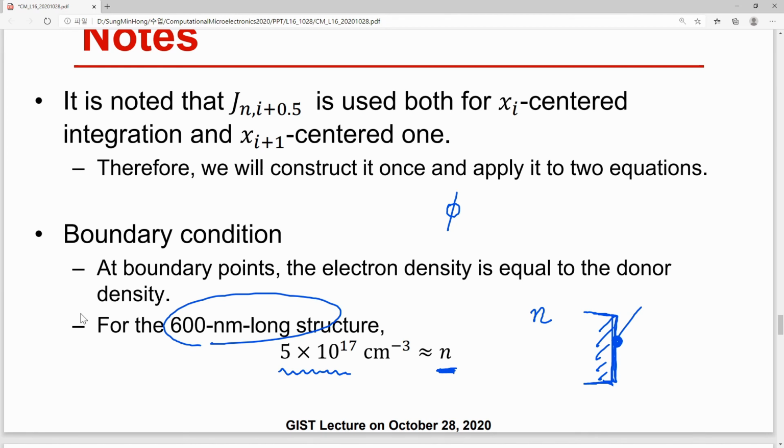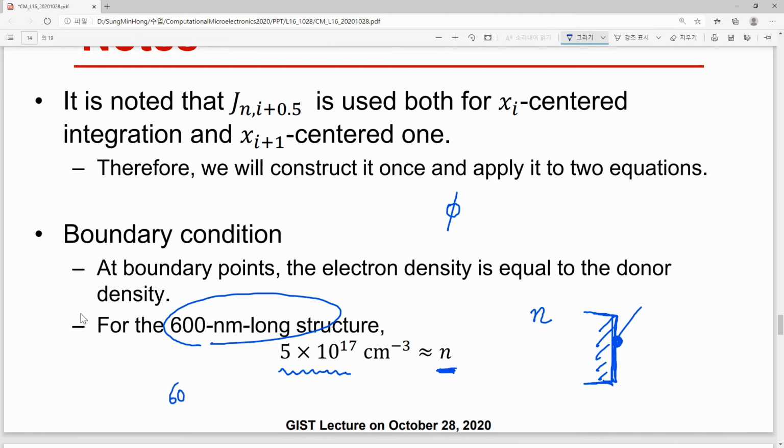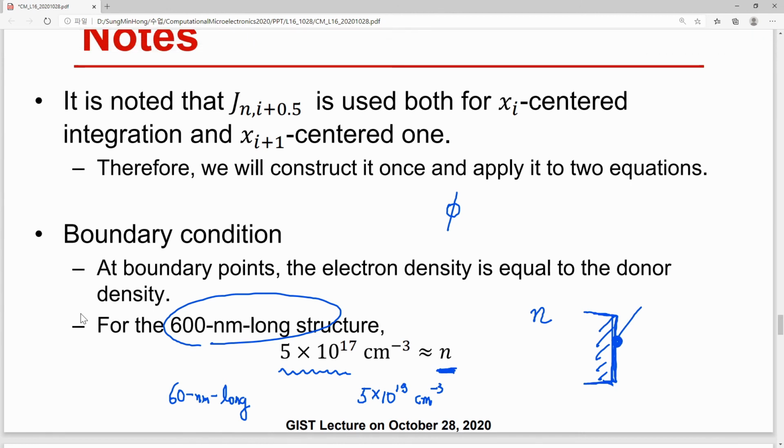That is quite simple. And if you are solving the 60 nanometer long, our short structure, then you have to apply 5 times 10 to the 19 per cubic centimeter as your boundary values.